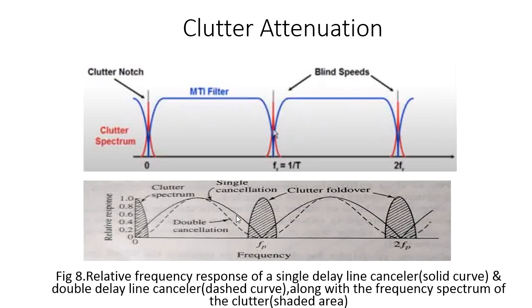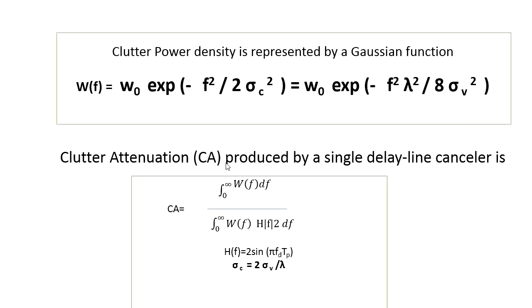In the single delay line canceller, the clutter spectrum is maximum. If I cascade one more delay line, the clutter spectrum is reduced. As we see in this figure, we discard the clutter spectrum by adding more delay line cancellers in the MTI radar. That is the job of the delay line canceller.